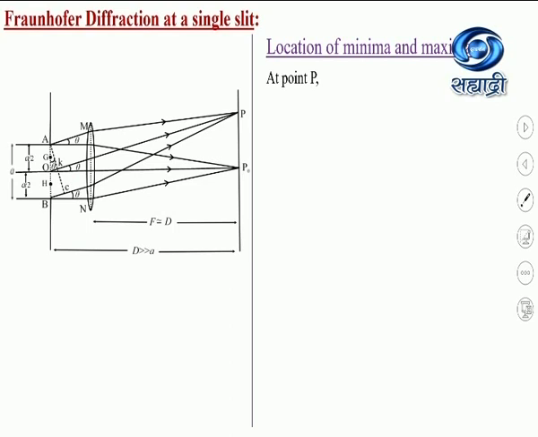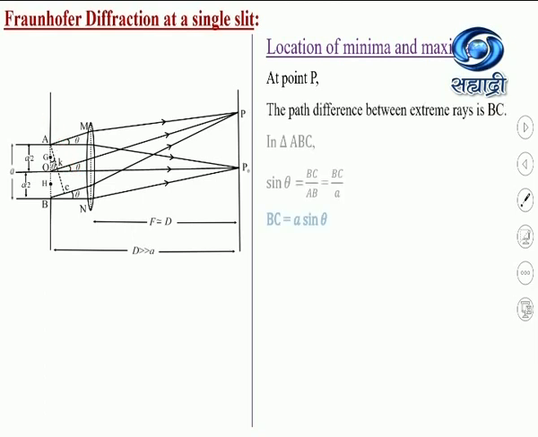Now, as P is at angular position theta, by geometry, angle BAC is also equal to theta. So, in triangle ABC, sine theta is equal to the opposite side upon hypotenuse. Opposite side is BC, hypotenuse is AB. So, sine theta is equal to BC upon AB.